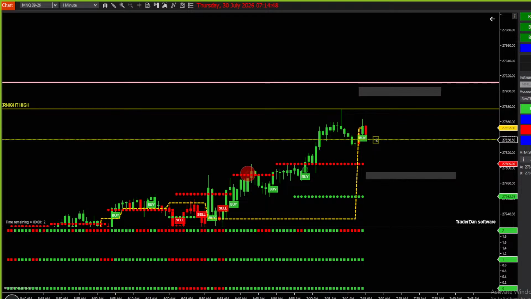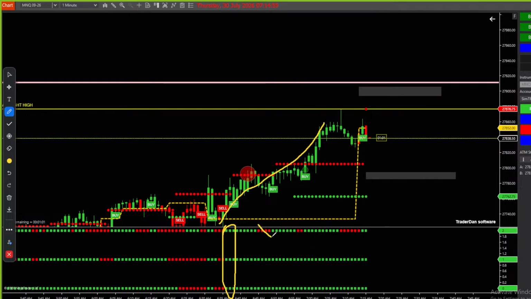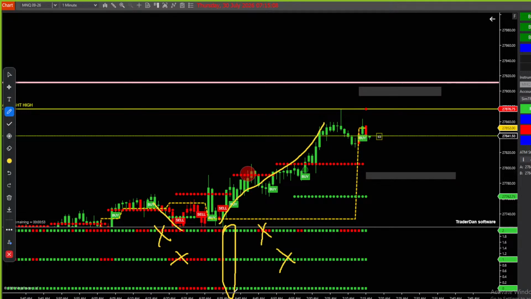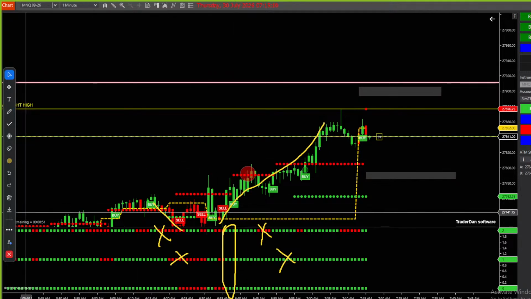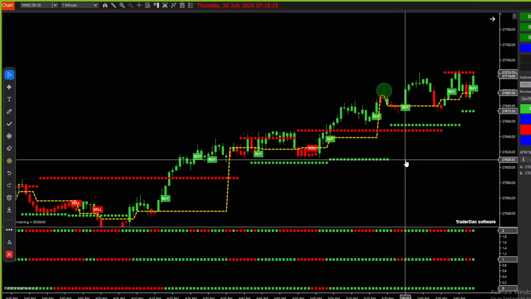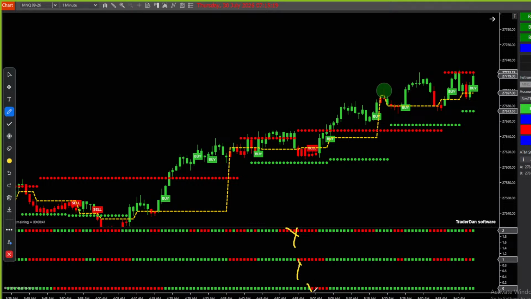How to read this and how to use it is pretty simple. When you have all three lines that turn green, you're long until you have red and red in the first two columns. See how you have red here and you had to pull back? It's that simple. When you're red across the board, as you see here, you had a red, red, and red.